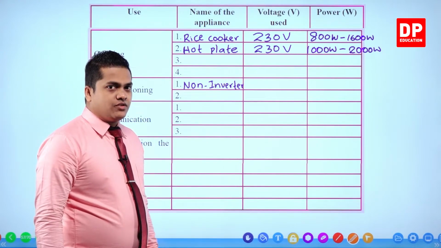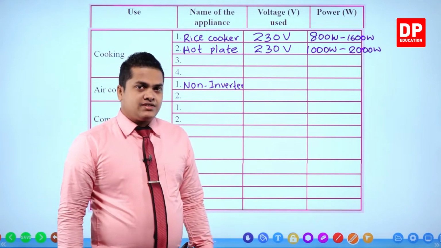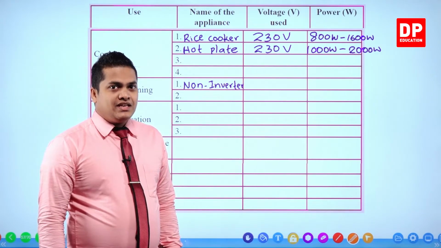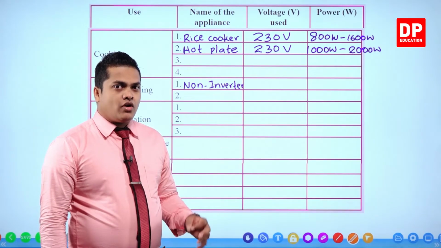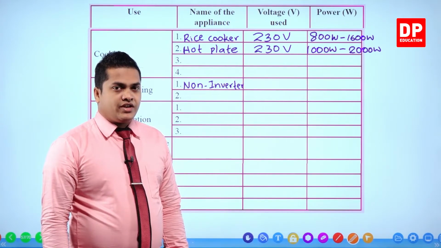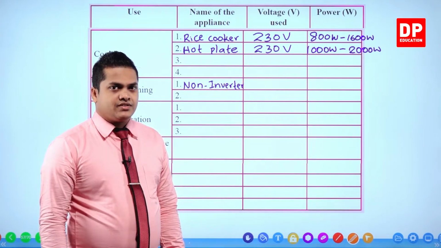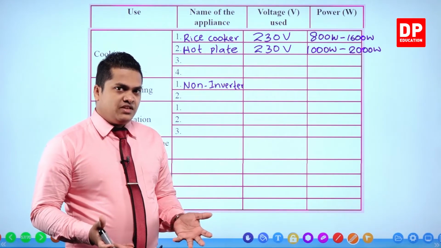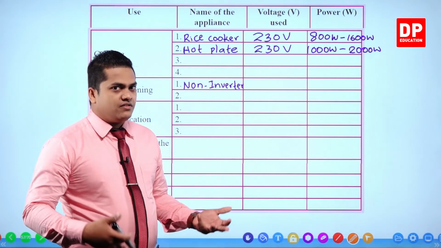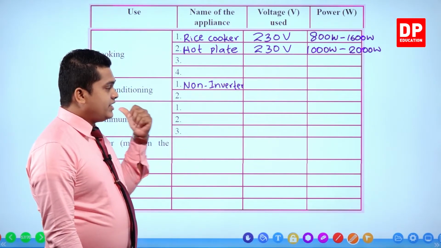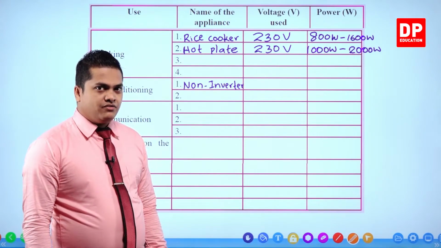Inverter technology is a good new technology that came recently to the world. With inverter technology, we can save a lot of electricity. It is a special kind of technology developed in recent years. In older times, there was no inverter. So there are non-inverter air conditioners.